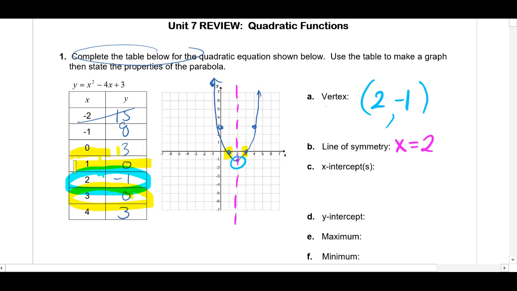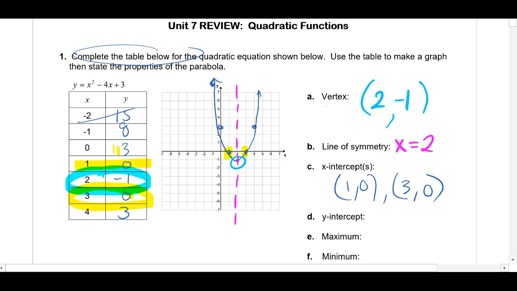Okay, because we know that wherever y is 0, that's also an x-intercept. So I'm going to include that over here. So we have 1, 0, and 3, 0.